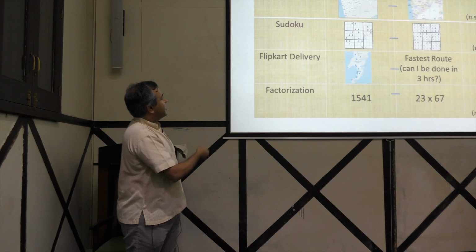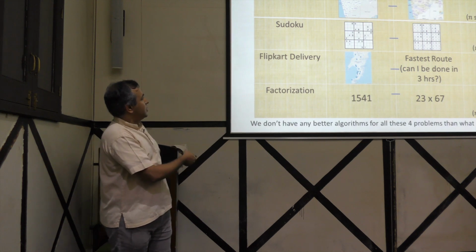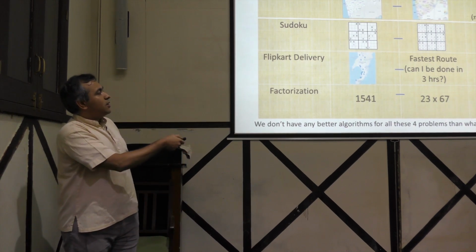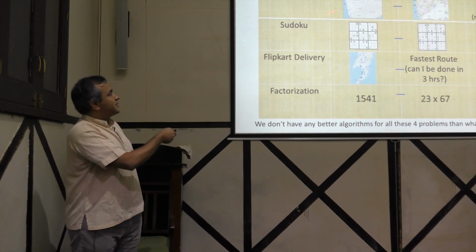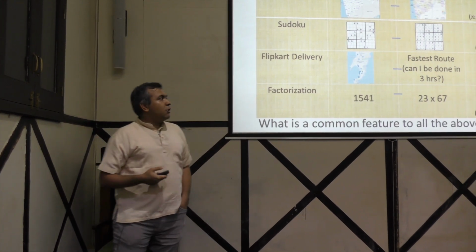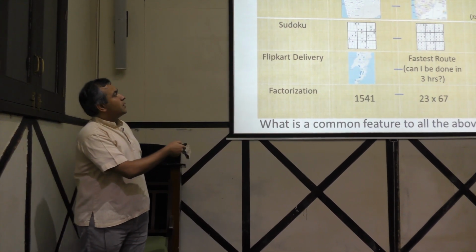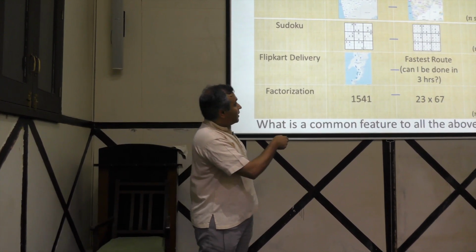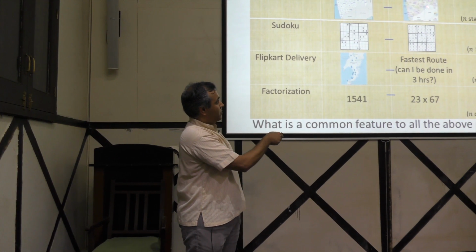So these are all hard, and we don't have efficient algorithms for them. Is there a method to this hardness? Is there something else about this? One feature we will notice among these problems is that even though they are hard, suppose somebody actually colors this map.